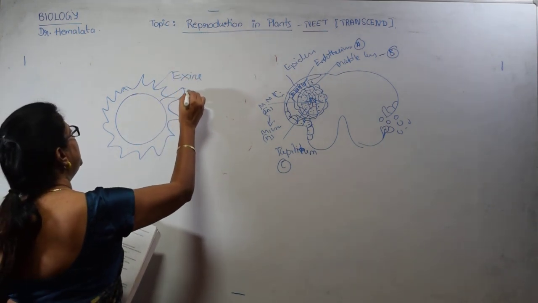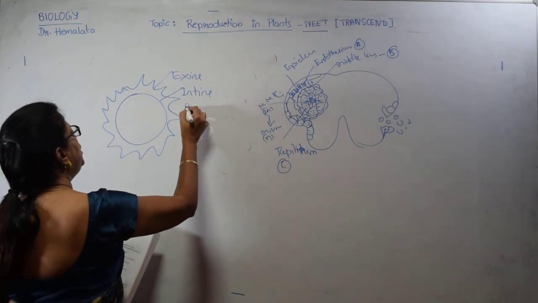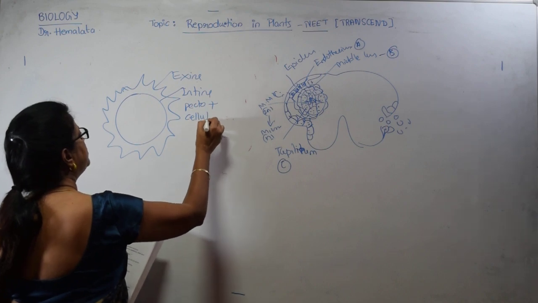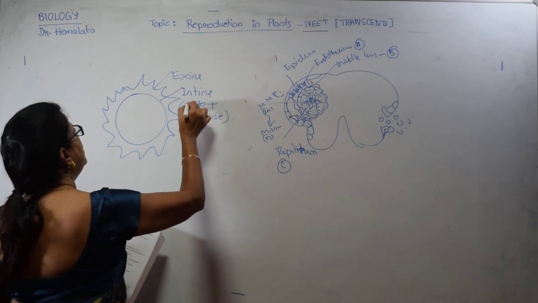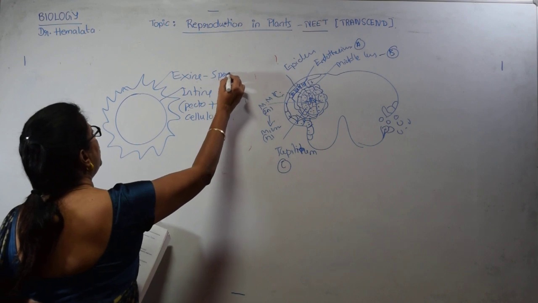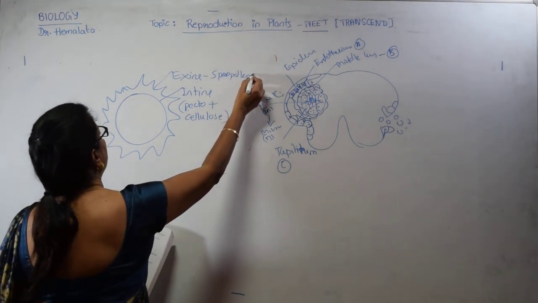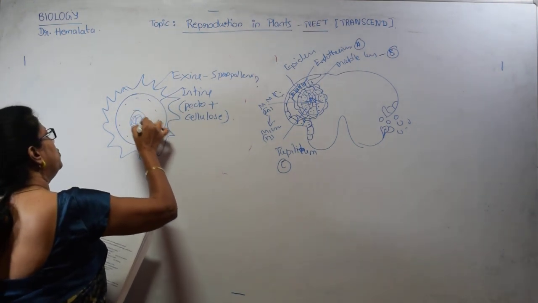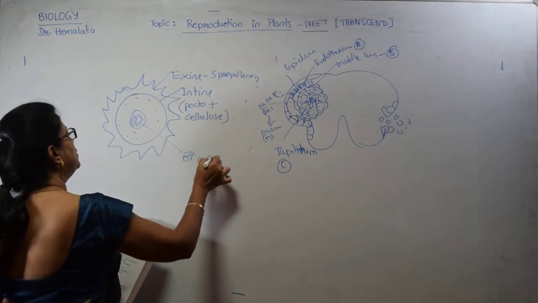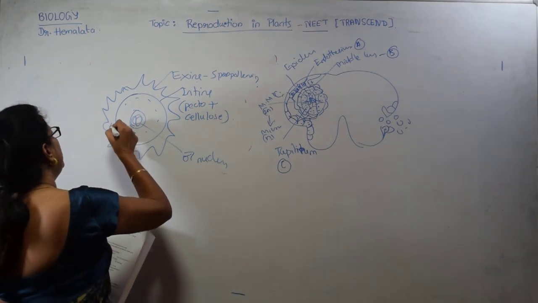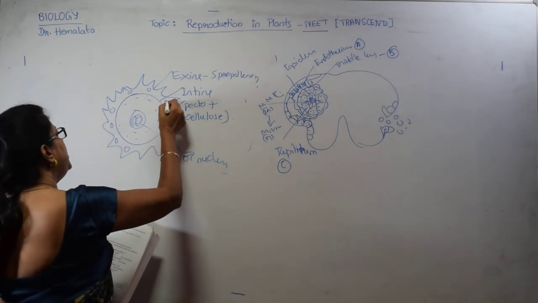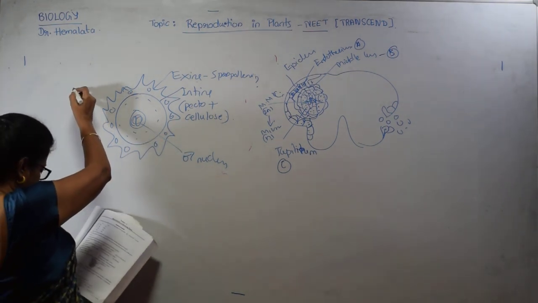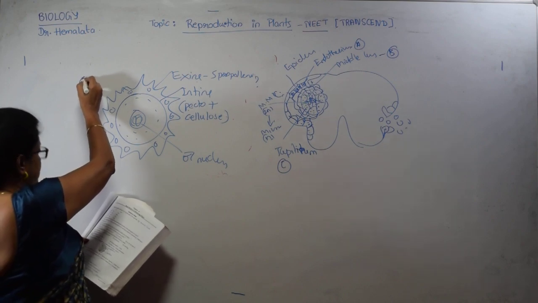This is intine made up of the pectocellulose layer, pectose plus cellulose. Inside this you get the cytoplasm and the main nucleus. One more thing you can write here: there are a number of germ pores through which intine comes out forming the pollen tube.